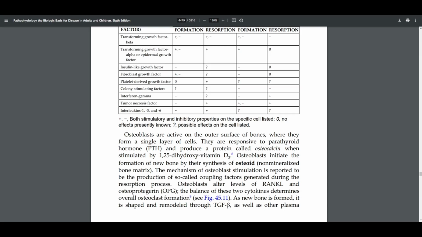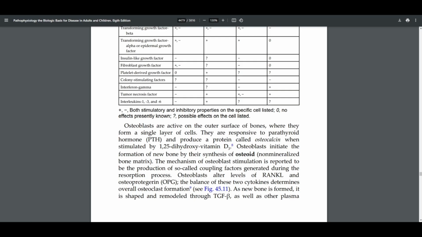The mechanism of osteoblast stimulation is reported to be production of so-called coupling factors generated during the resorption process. Osteoblasts alter levels of RANKL and osteoprotegerin. The balance of these two cytokines determines overall osteoclast formation.